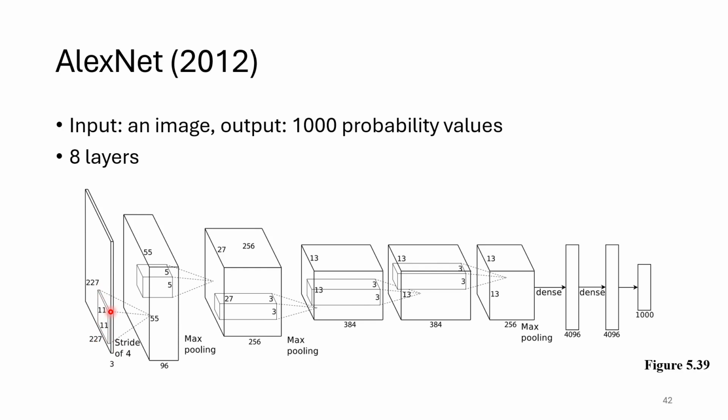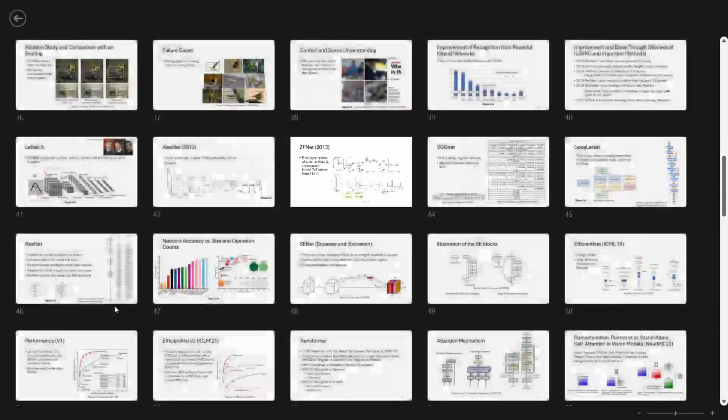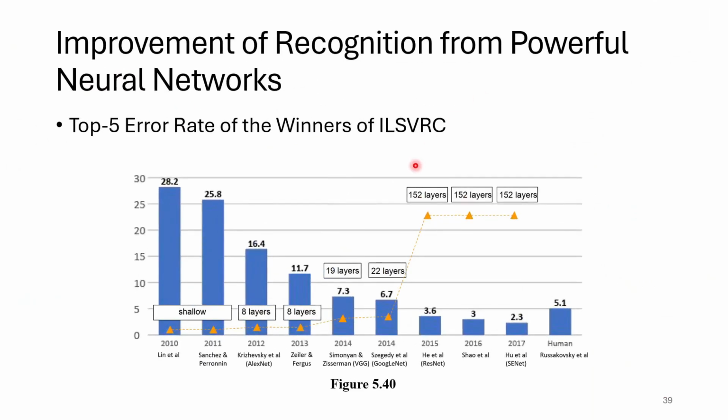So they choose 11 and skip 3 pixels and go to the next 11. And here they just adjust two hyperparameters and they further reduce the error rate by 5%. This means a lot.